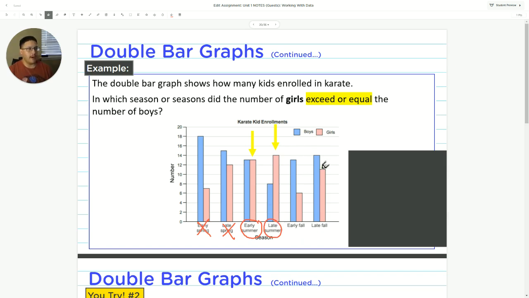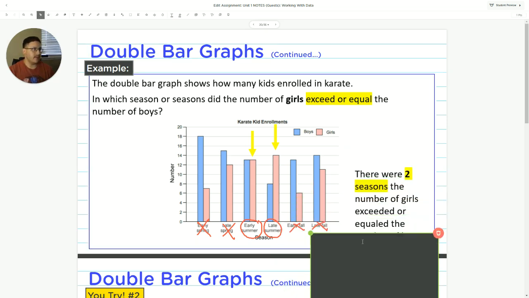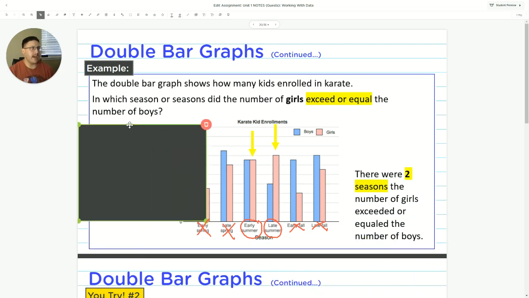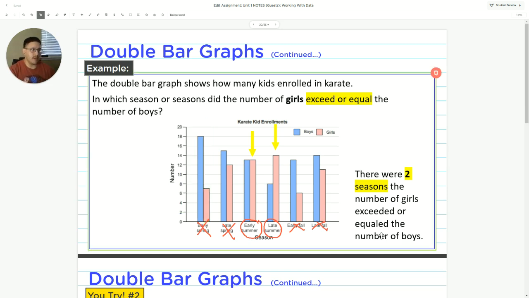And then early fall and late fall, boys exceed girls, so that doesn't get taken into account. So, how many seasons did the number of girls exceed or equal the number of boys? In this case, there were 2 seasons that girls equaled or exceeded the number of boys registered.